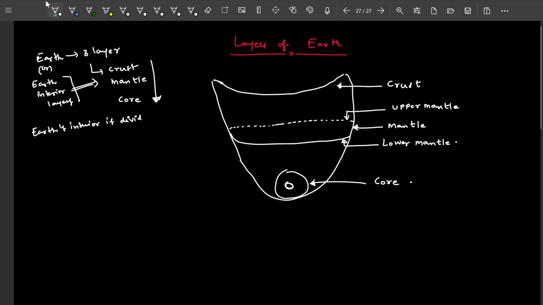Earth's interior is divided into layers.